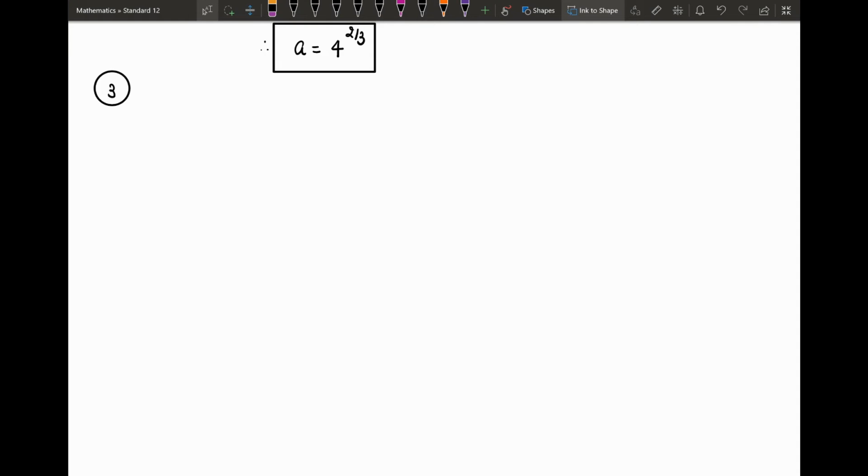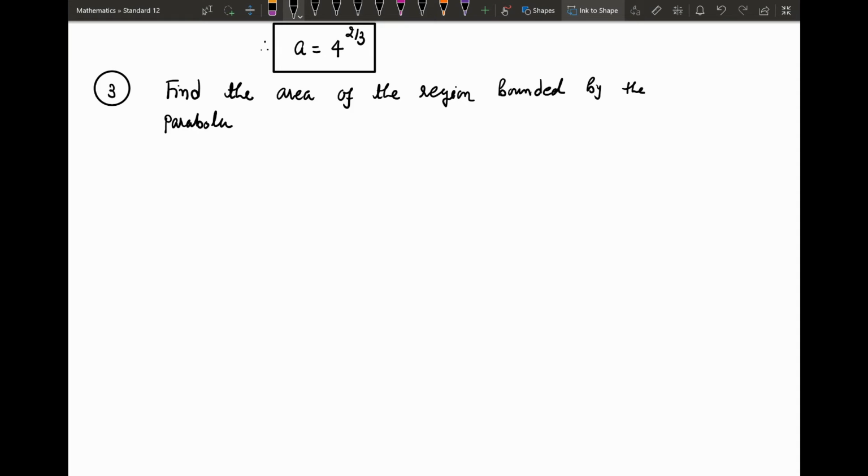Find the area of the region bounded by the parabola y equal to x square and y equal to mod x.